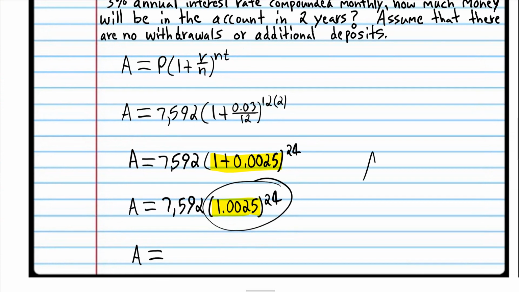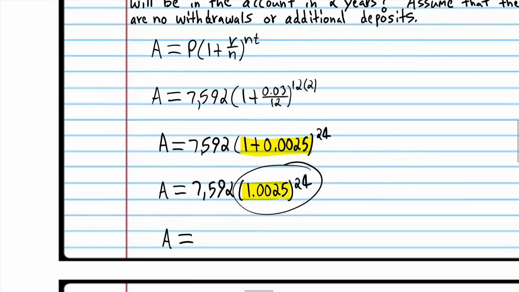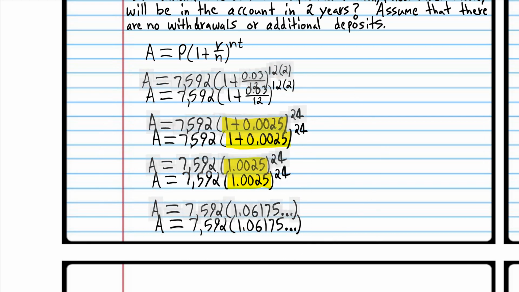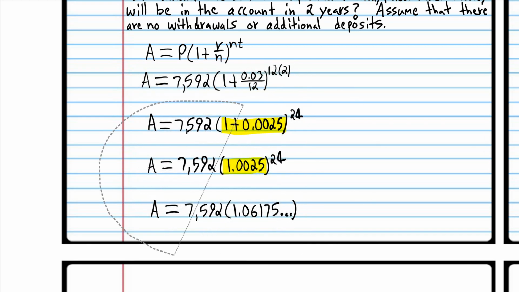So you want to use the upside down V button in your calculator, your TI-84 plus. It's at the middle right. So we have 7,592 times roughly 1.06175, and I'm going to put a ... meaning you want to keep that number in your calculator. So let's find some more room.